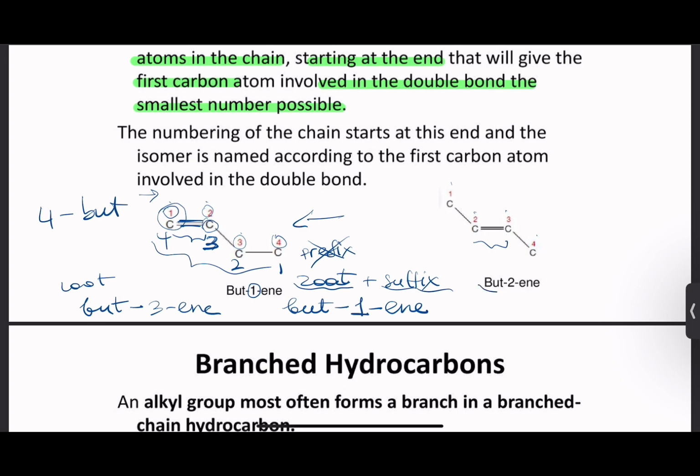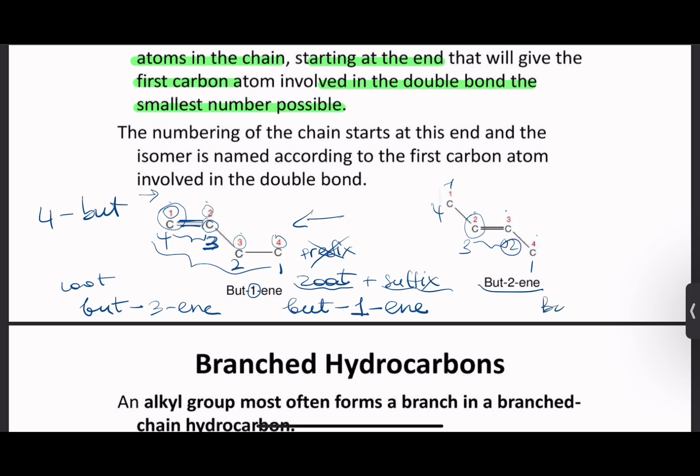But look at this guy. If I number it from left to right, it'll be 1, 2, 3, 4. So it's on the second carbon that the double bond starts. And look, if I do it from right to left, 1, 2, 3, 4, it's the same thing. If I do numbering again, it will be on the second carbon again.